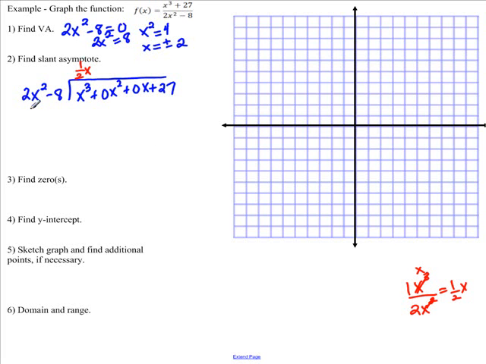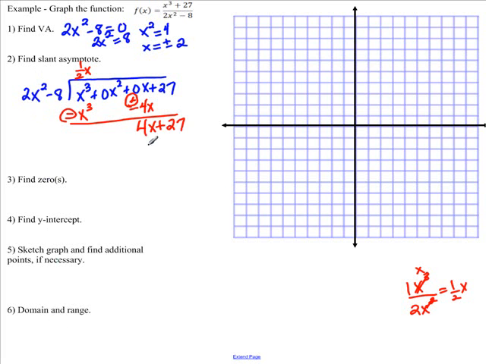So 1/2 x times 2x squared is going to be a 1x cubed. 1/2 x times negative 8 is what? A negative 4x. So now we change our signs, and so we would get a 4x plus 27. But now look, 2x squared does not go into 4x because our degree is less than what we're dividing by.